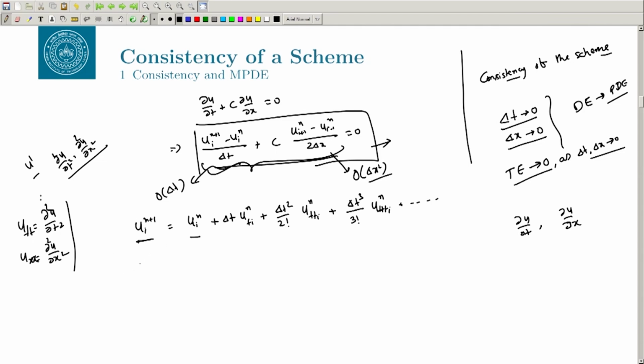Similarly, these things we already know, u_(i+1)^n will be basically u_i^n.